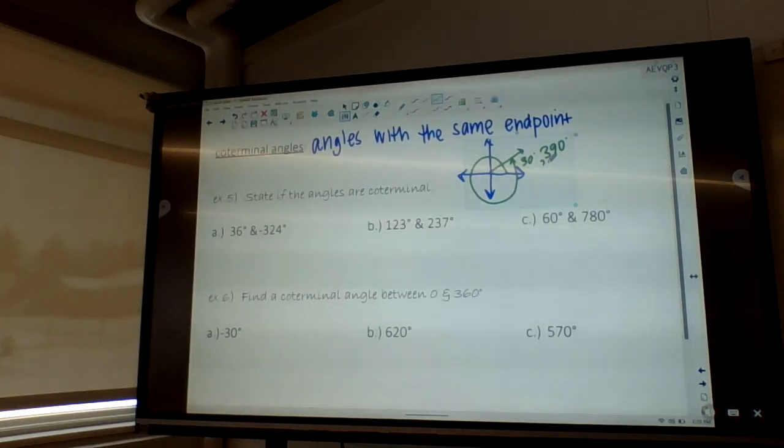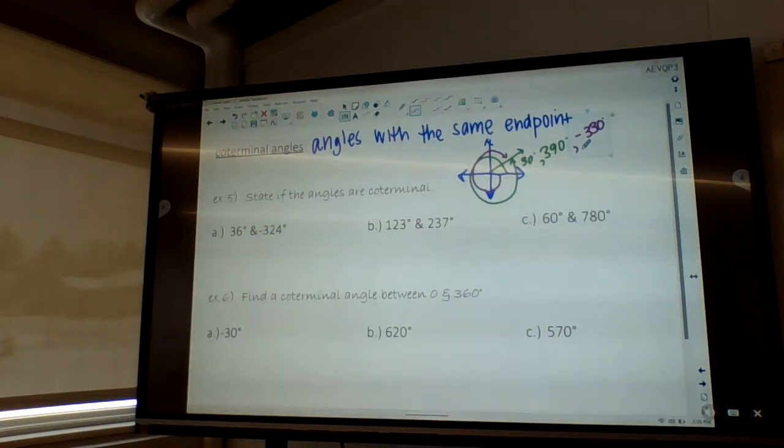I go past 360, so 390 is technically the same angle as 30. Or I could go backwards and say negative something, and those are considered coterminal angles. Or I could keep spinning around and keep adding 360 again and again, so it could go on forever.